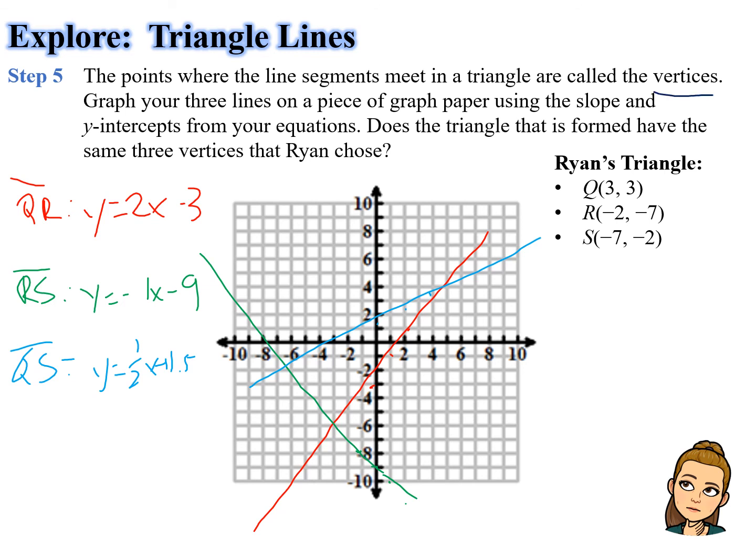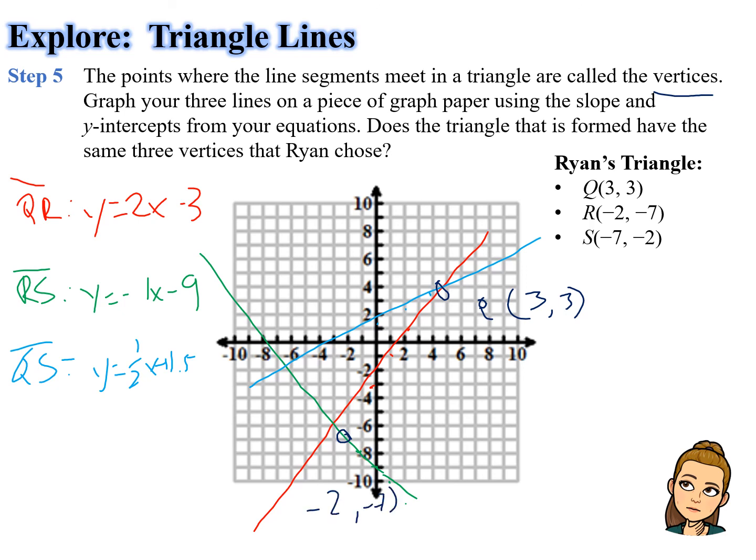And so I want to see if my vertices match or if they even come close to what I should have found. Well, if I had nice straight lines with my ruler, this should have been at (3, 3), because this should be point Q. It's close. My graph is not very accurate on my screen here. My next spot should have been about here at (-2, -7).